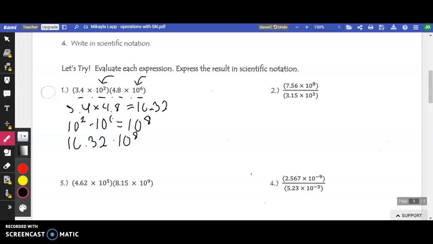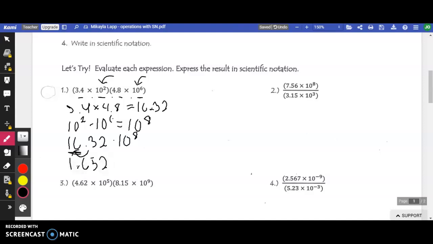And you notice that appears to be what scientific notation looks like, except for the fact that we're not allowed to have two digits before the decimal point, right? We can only have one digit before the decimal point. So we're going to move this decimal so that way we have 1.632.